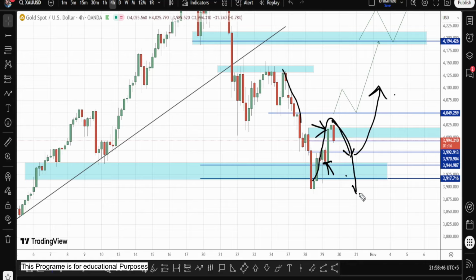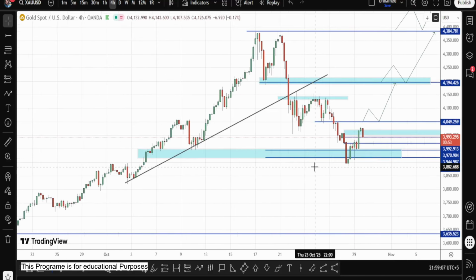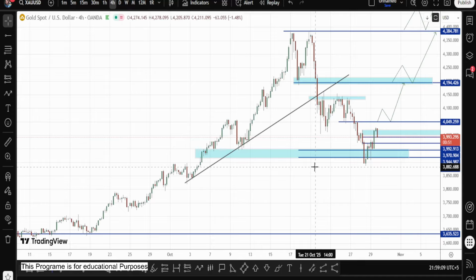But if it fails, don't worry. As I said, tiny SLs, if you made profits from the buy side of the market, should not cause any harm to the traders. So this is a very simple way of looking at it. Don't overcomplicate things for yourself, because the more you complicate it, the more likely chance of losses.